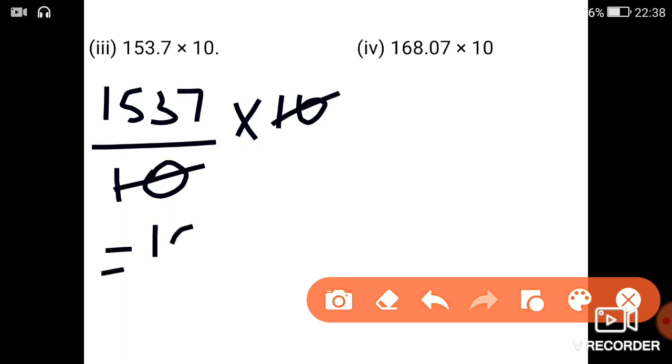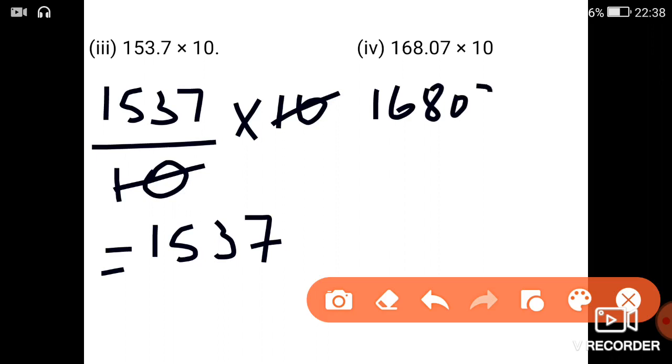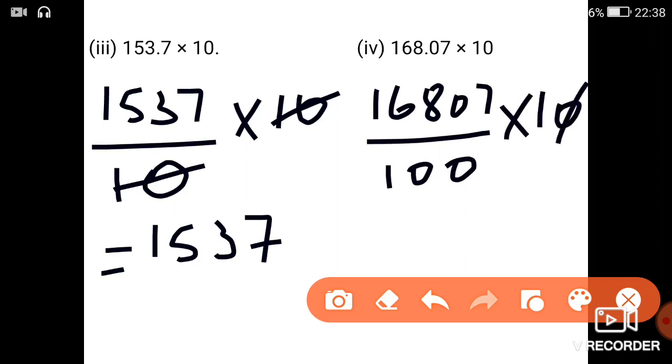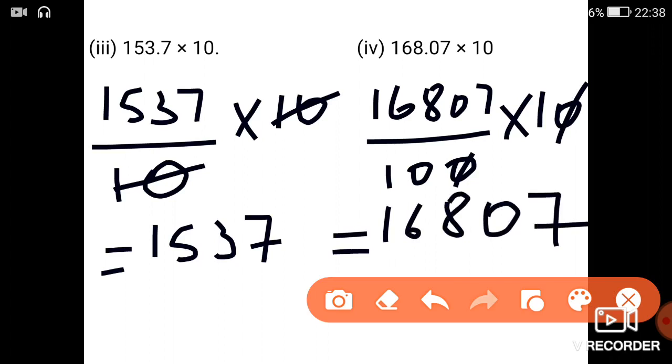The obtained answer is 1537. Next, fourth problem, we have 168.07 into 10. So we'll do the same thing. We'll represent it as a fraction. So 16807 divided by 100 and we'll multiply it with 10. So 0 and 0 will get cancelled. So the obtained answer is 1680.7.